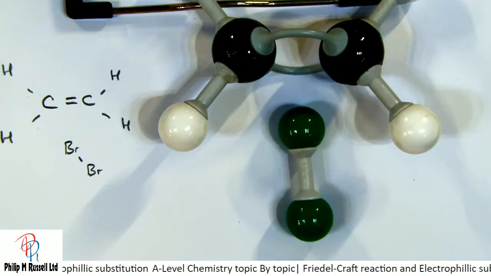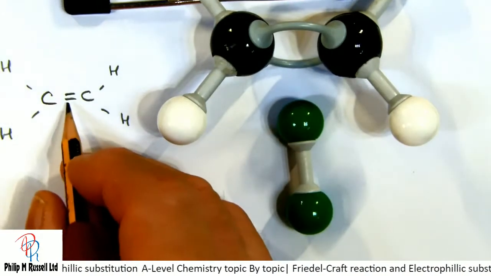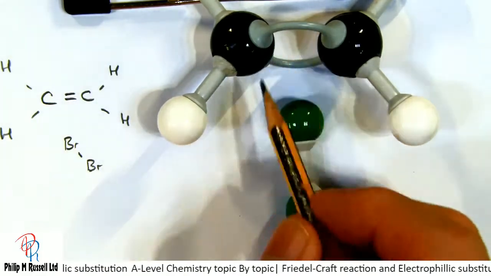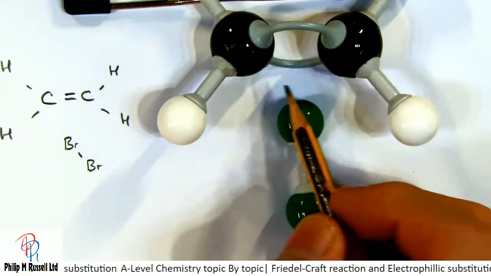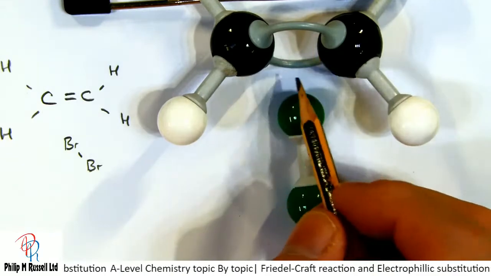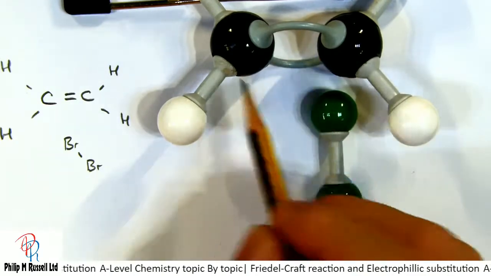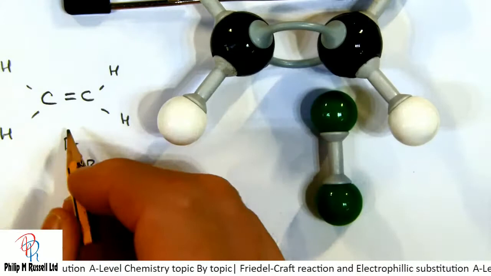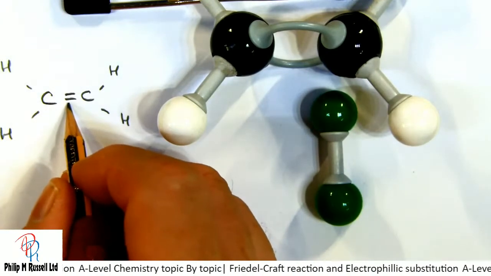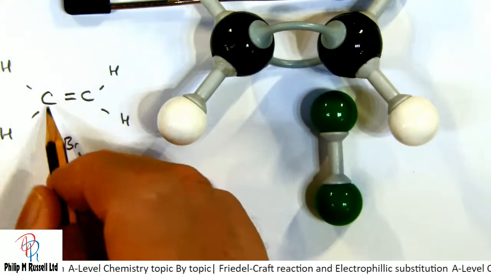So what's actually going to happen? Well, this double bond here is rich in electrons. Bonds are made up from electrons, so this tends to be a more negative center here.